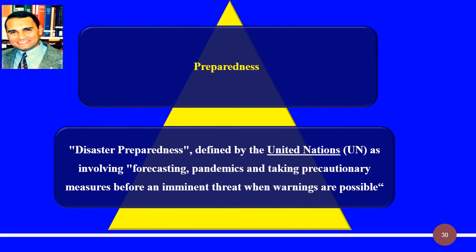Disaster preparedness, defined by the United Nations, involves forecasting pandemics and taking precautionary measures before an imminent threat, when warnings are possible.